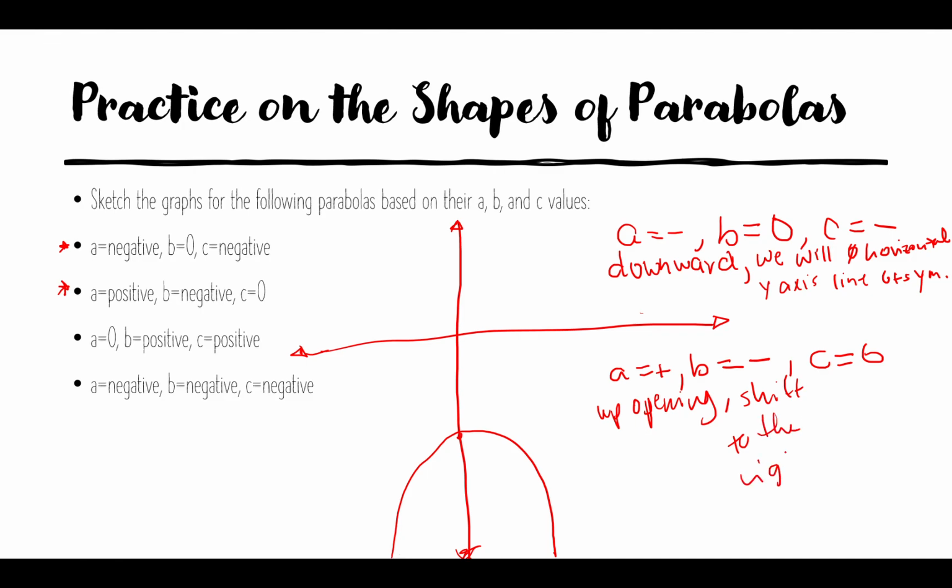And that when c is 0, the origin is the y-intercept. So, we will get a parabola that looks something like this. The other two problems, do yourself for extra practice.